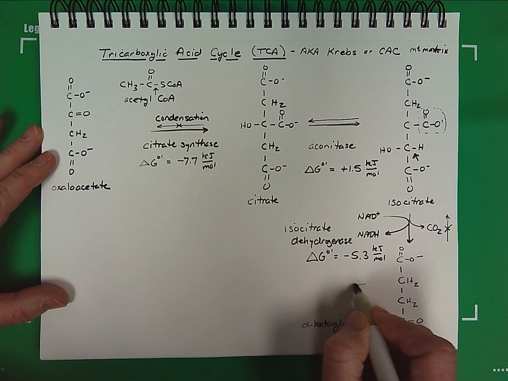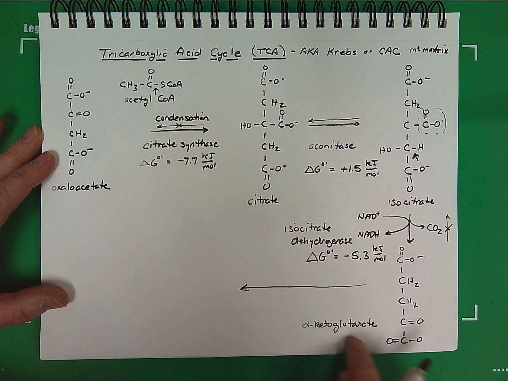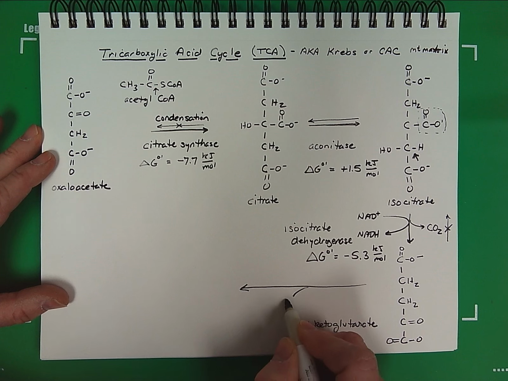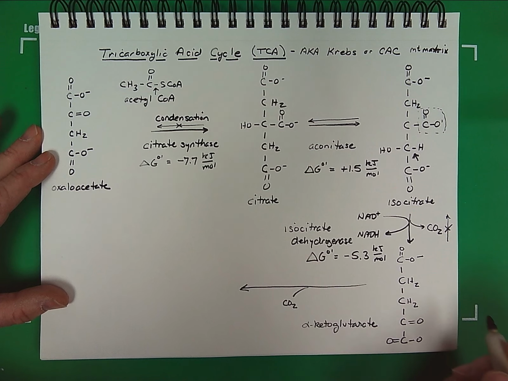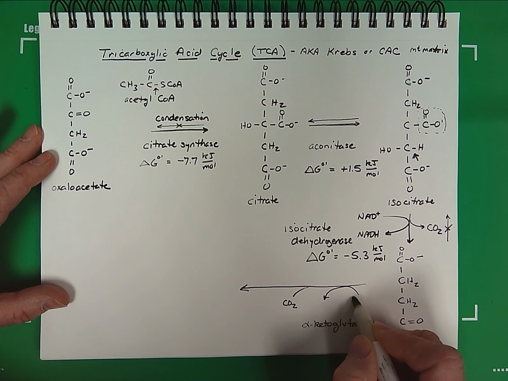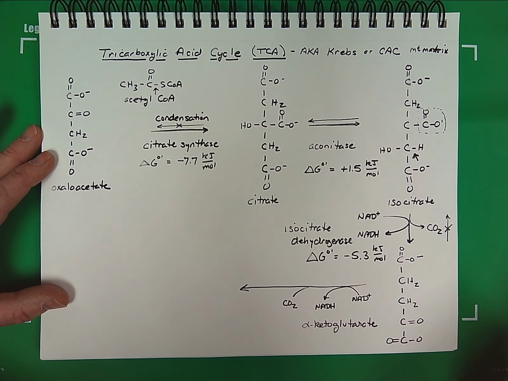So the next reaction is going to process alpha-ketoglutarate, and this is going to be a decarboxylation reaction. So we are going to lose CO2, and like the previous reaction, we are going to have a redox reaction accompanying this.